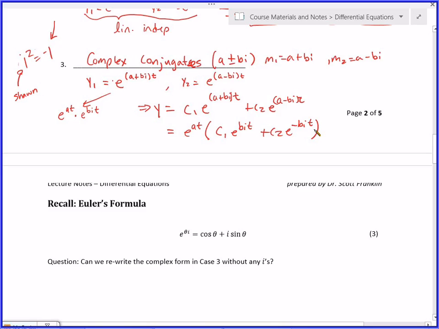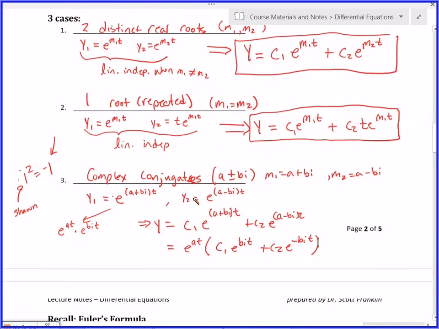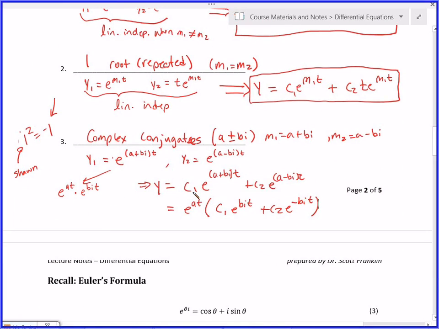And despite my love for Sean, or the imaginary unit, the problem is I started with a nice real number, real differential equation. So why should my solution now involve complex numbers? Can I write it as a real valued function, or does it have to actually be a complex valued function?